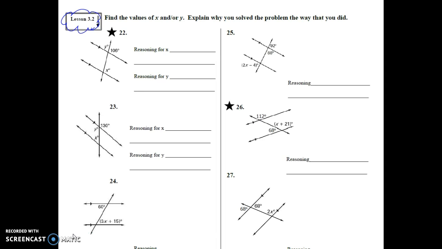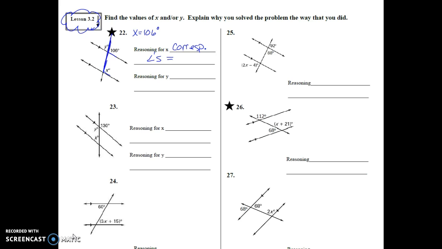For question 22, if I look at these two angles right here, I see that x must equal 106 degrees because corresponding angles are always equal to each other.